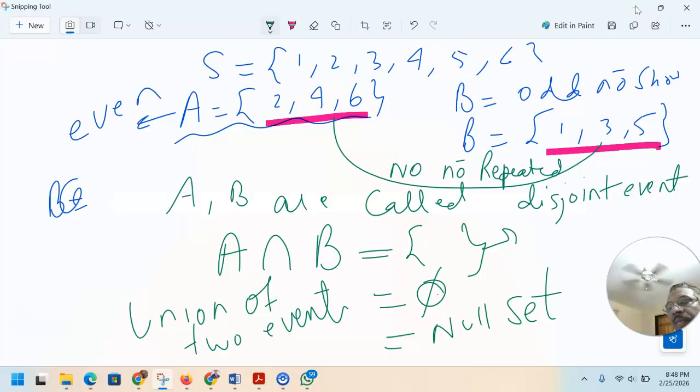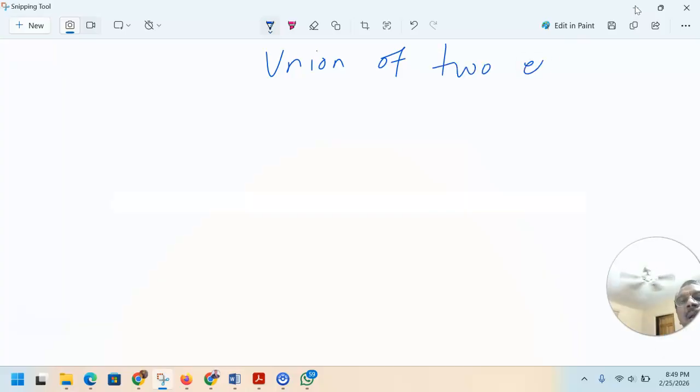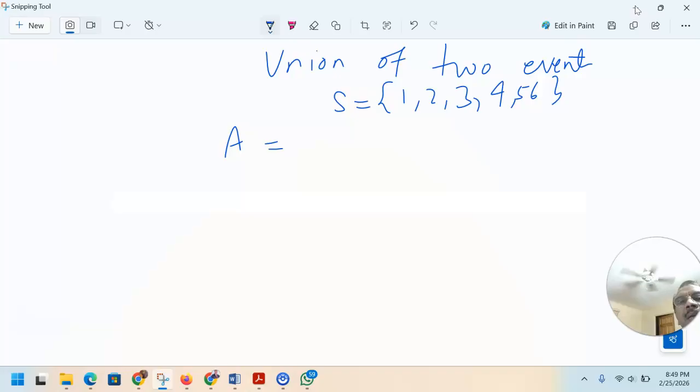That's why I'm walking through this. Before we go directly to the examples, I felt I should show this. Let me start with what is the meaning of union of two events. I'm going to take the same example, because it helps. This is 1, 2, 3, 4, 5, 6. Let's write down two events. A is prime number.